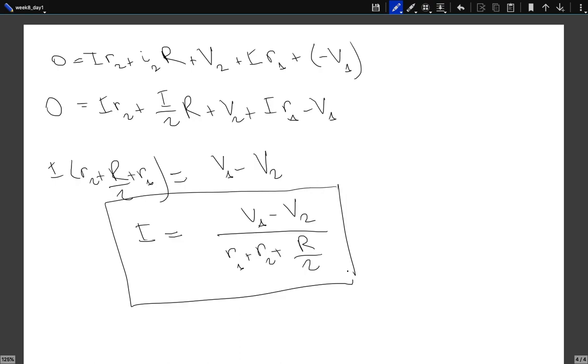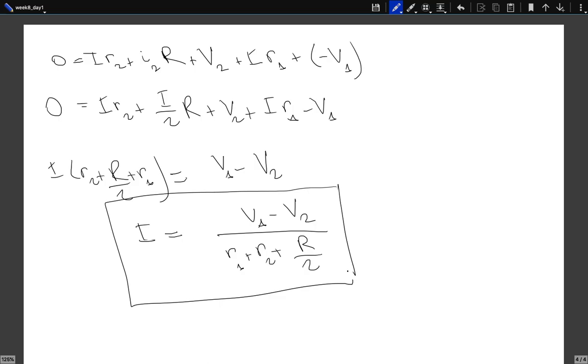It might be that V1 will be 1.5 volts, but V2 might be 1.2 volts. This solution will still hold. Or it might also be that V1 is actually 1.2 volts, whereas V2 is 1.5 volts.